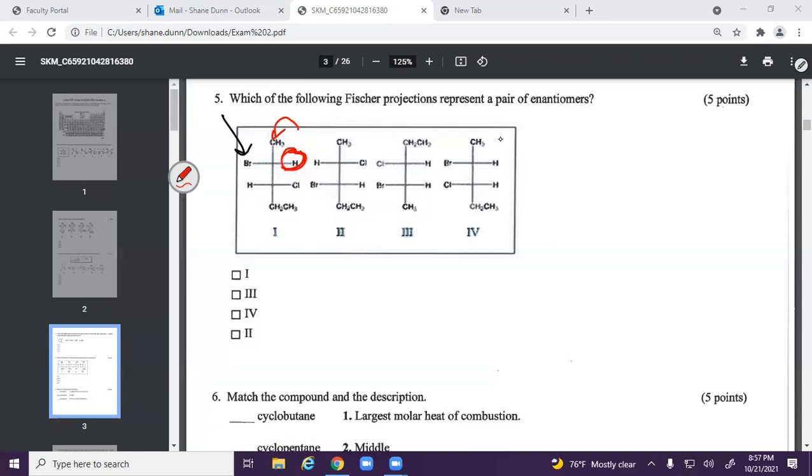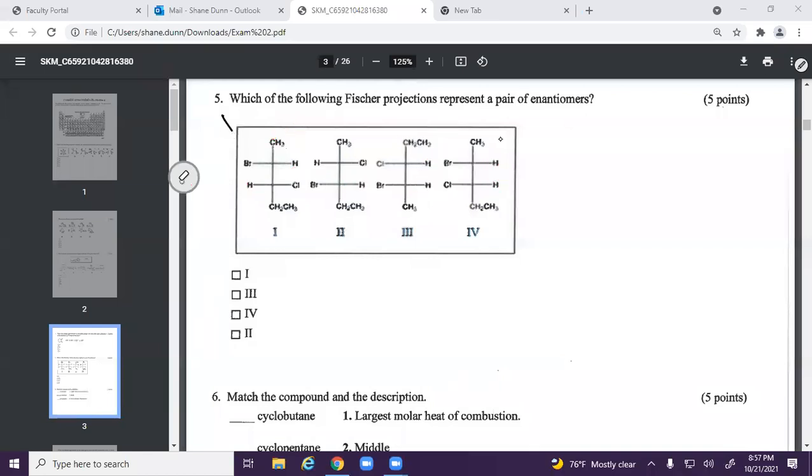It's a wedge here, and here, and here. Do you see it's all wedges? That means when we assign RS, we have to do the exact opposite of normal, because it's a wedge.